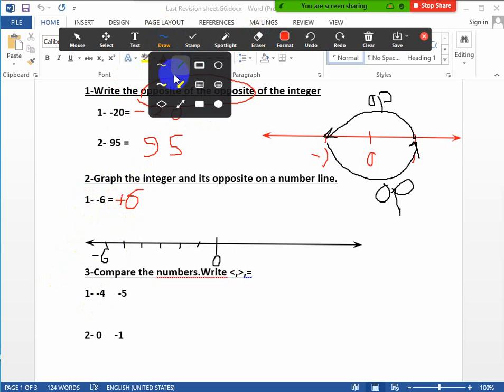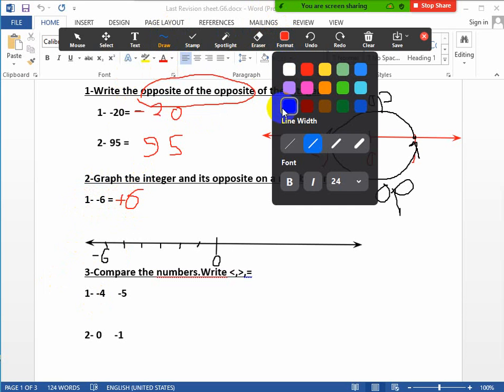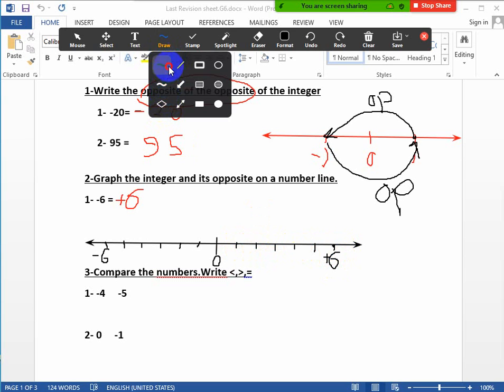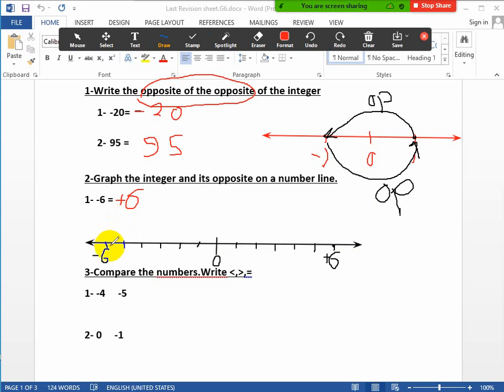Positive 6. So if I want to locate this number on the number line, 1, 2, 3, 4, 5, and 6. This is positive 6 right here. This is the first number, and this is the opposite of the number. Thank you, Jenna.